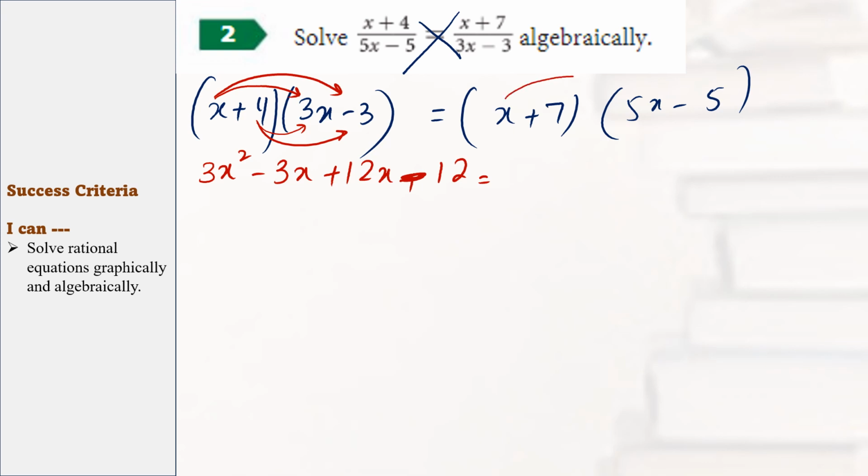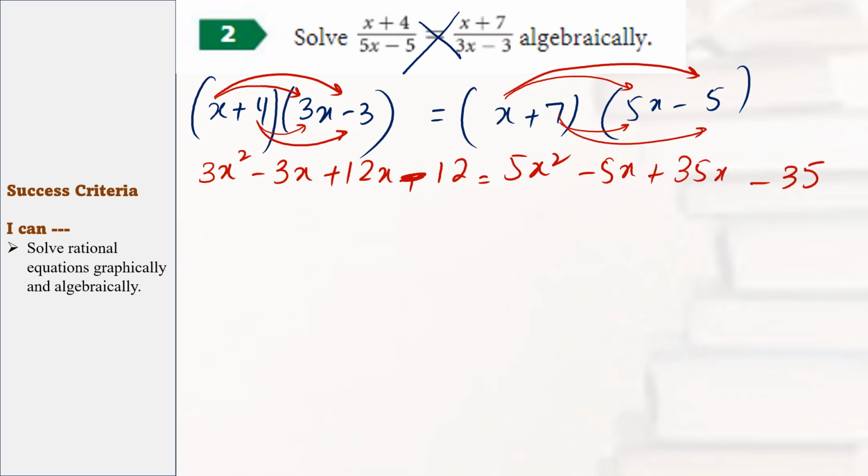On the other side, x times 5x is 5x², x times negative 5 is negative 5x, 7 times 5x is 35x, and 7 times negative 5 is negative 35.